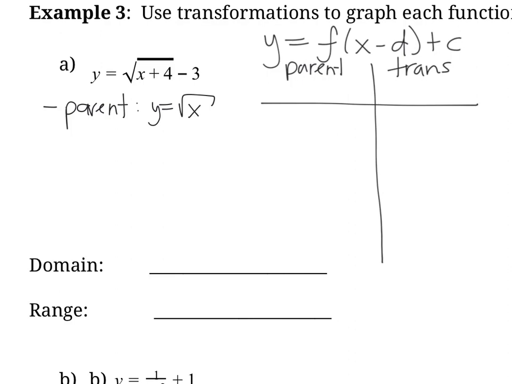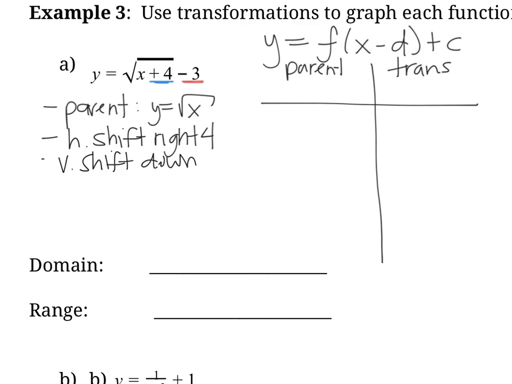And then we've got to take a look at these 2 guys. We have this 4 and the 3. Taking a look at D and C, we know that 4 is our D and -3 is our C. So if I were to write this out, our transformations would be a horizontal shift right 4 and a vertical shift down 3.